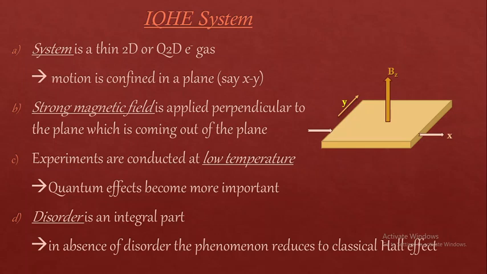Even if you go for higher temperature, then disorder is going to be disturbed, meaning it will again be absent. That's why we will get the classical Hall effect. So all are interlinked, and all these four parameters which I have underlined are the key points to be remembered when you study quantum Hall effect.